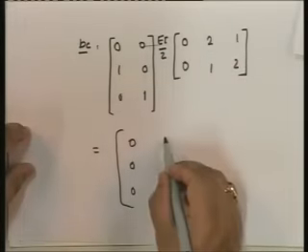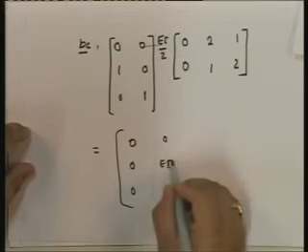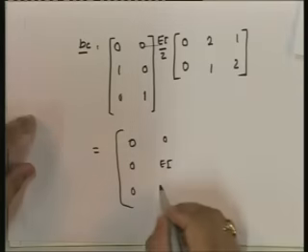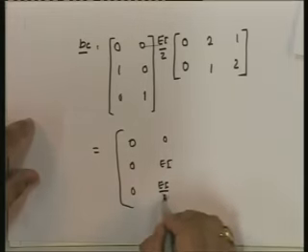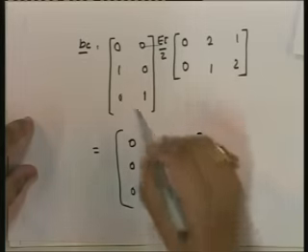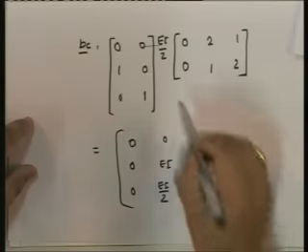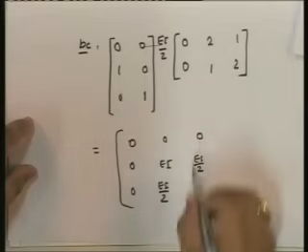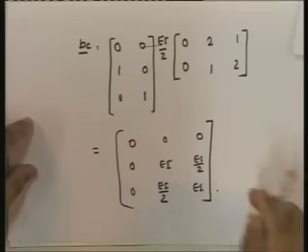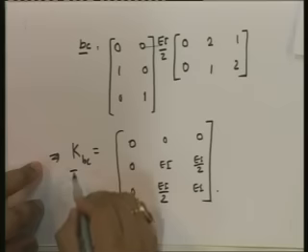Second one, this is 0. This one is 2, so this is EI. Third, if you look at it, is 1, so this is EI over 2. Then the third one, this is 0. Third one, this is EI by 2. And the fourth one, this is 2, so this is EI. So we have got KBC.